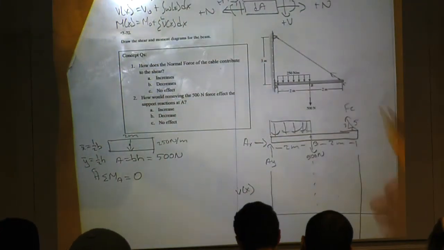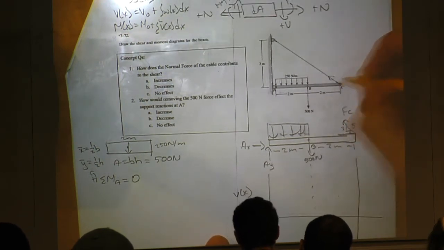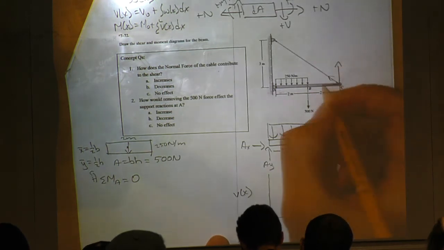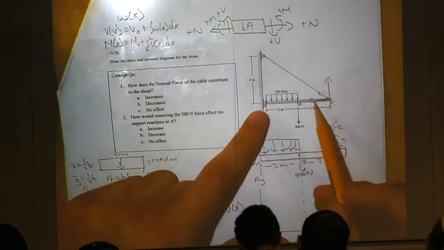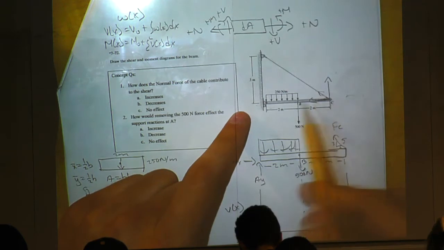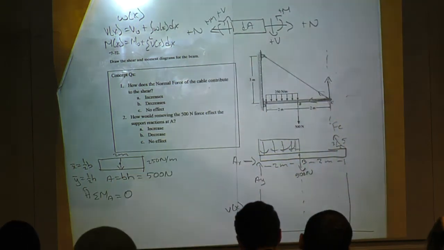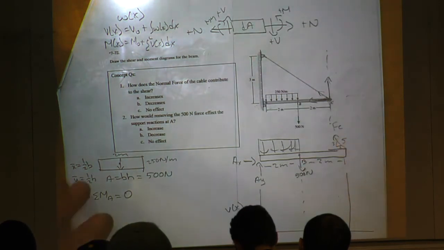This force at C has 2 components to it. We have a little triangle here, with this x and this y. The x component will not cause any moment about A, but the y component will. So that's what we're going to be dealing with. We need to find the y component of FC. We don't really know FC, but that's what we're trying to find right now.